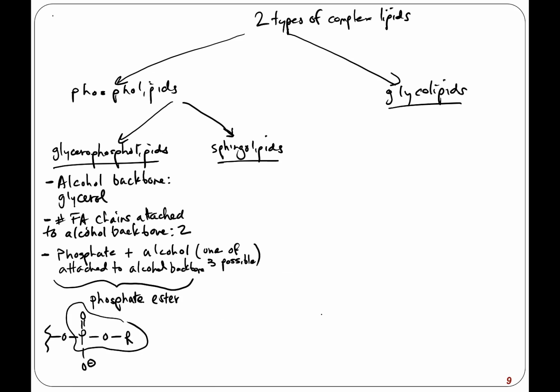If we do an aside way up here at the top, remember, this is a regular ester. And what you see down here is a phosphate ester. It's the same as a regular ester, except notice there's a phosphorus there instead of a carbon. So that's something I want you to be aware of.